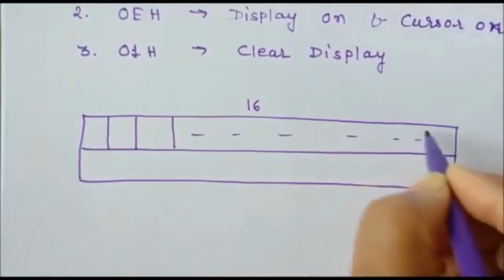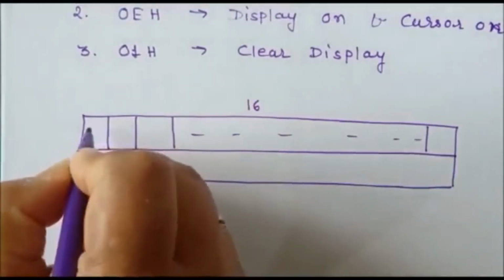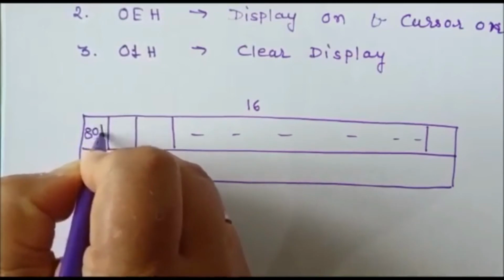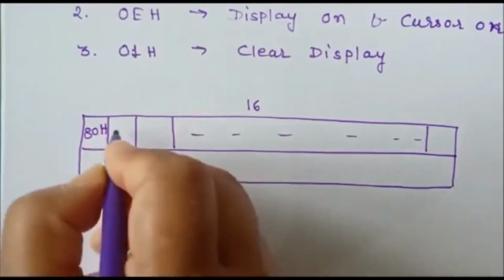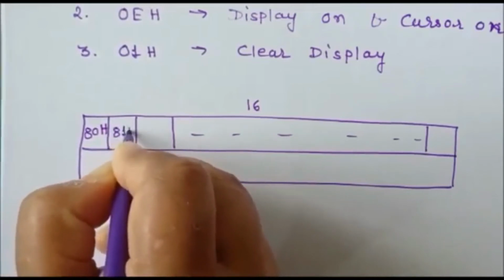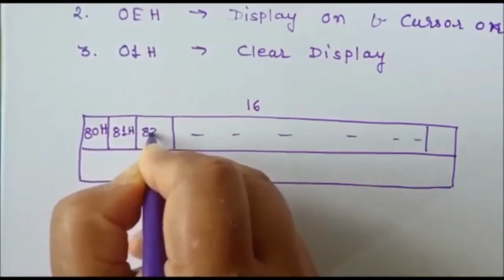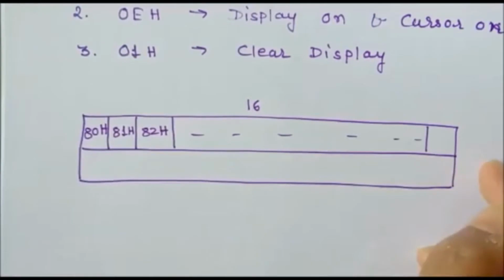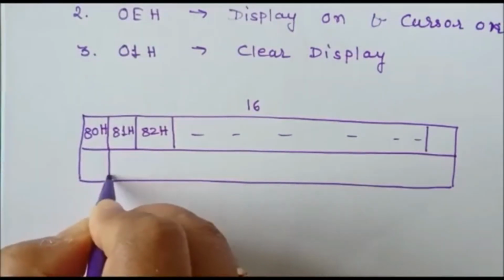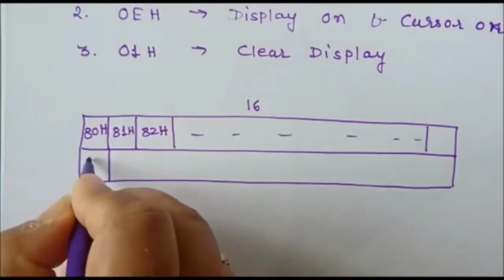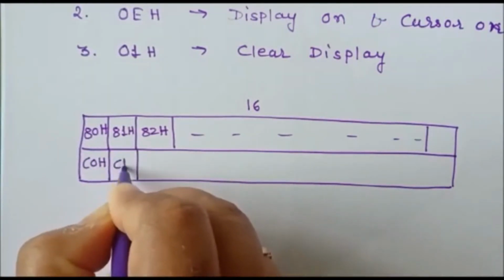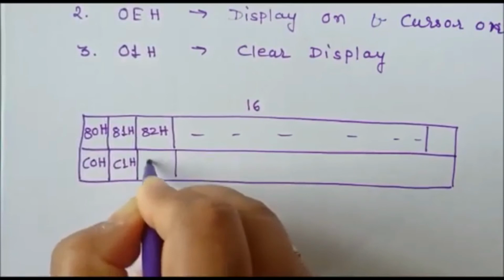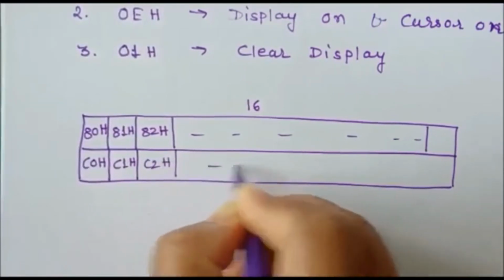The address of first row starts from 80H. So address of this particular character position is 80H, next address is 81H, next address is 82H and so on. The address of first character of second row is C0H, the address of next character is C1H, then C2H and so on.